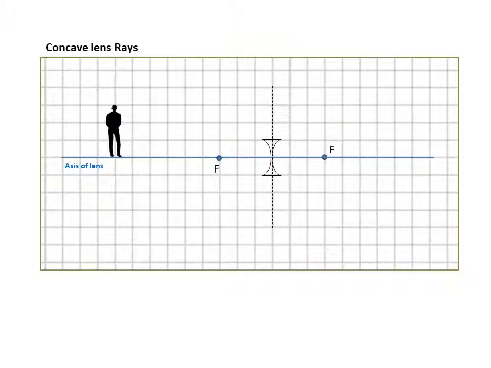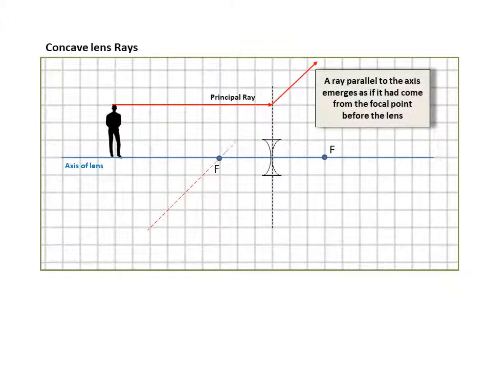Similar to a convex lens, we can use a ray diagram to determine the image position and properties of a concave lens. First, just like in the previous example, we draw a ray parallel to the axis, and in this case it emerges as if it had come from the focal point before the lens.